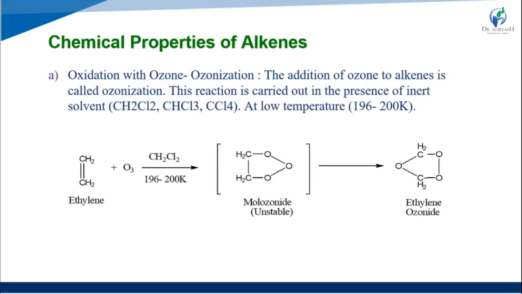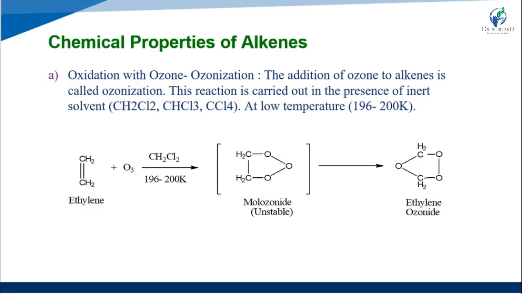So ethylene plus O3, that is ozone, in the presence of CH2Cl2 at a lower temperature, 196 to 200 Kelvin, makes the molozonide, which is an unstable product of the ozonide.